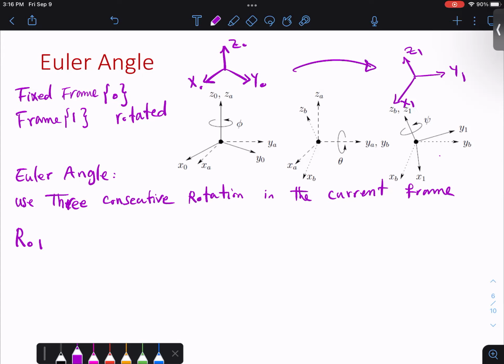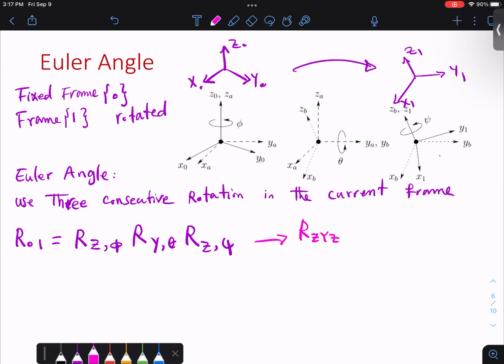To go here, you can have the first rotation about Z-axis for phi angle, then consecutive rotation, current frame, so post multiply by rotation about Y-axis for theta, post multiply by rotation about Z-axis for psi. Now this is called RZYZ, right? This is Euler angle transformation.